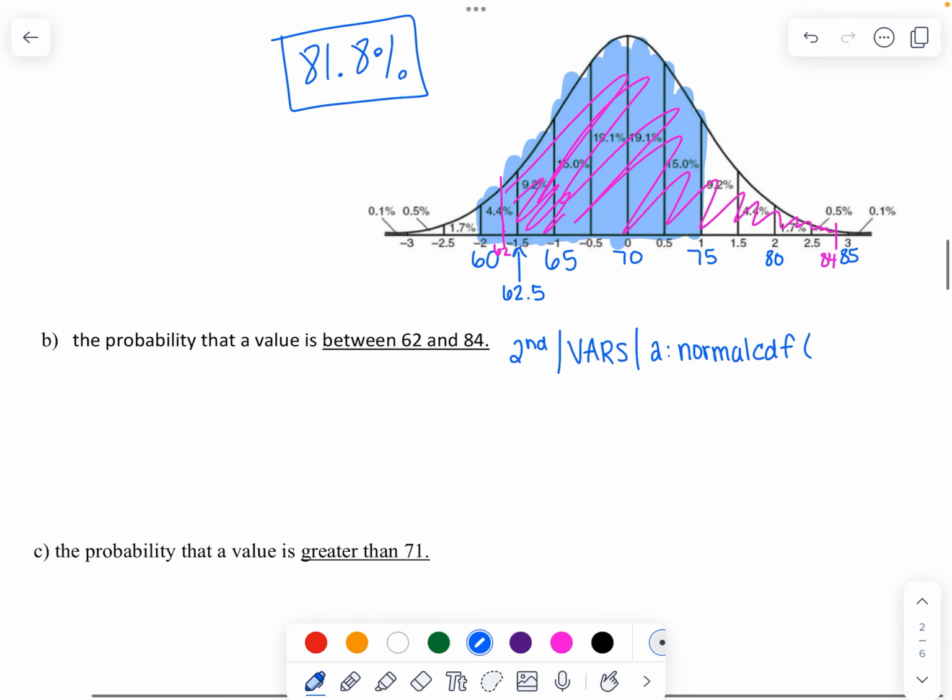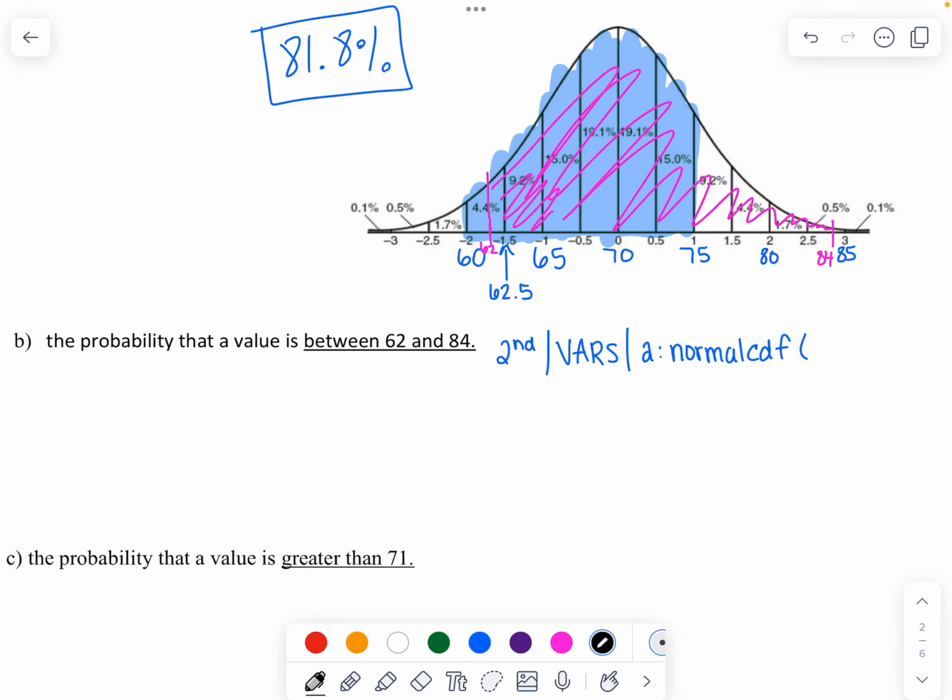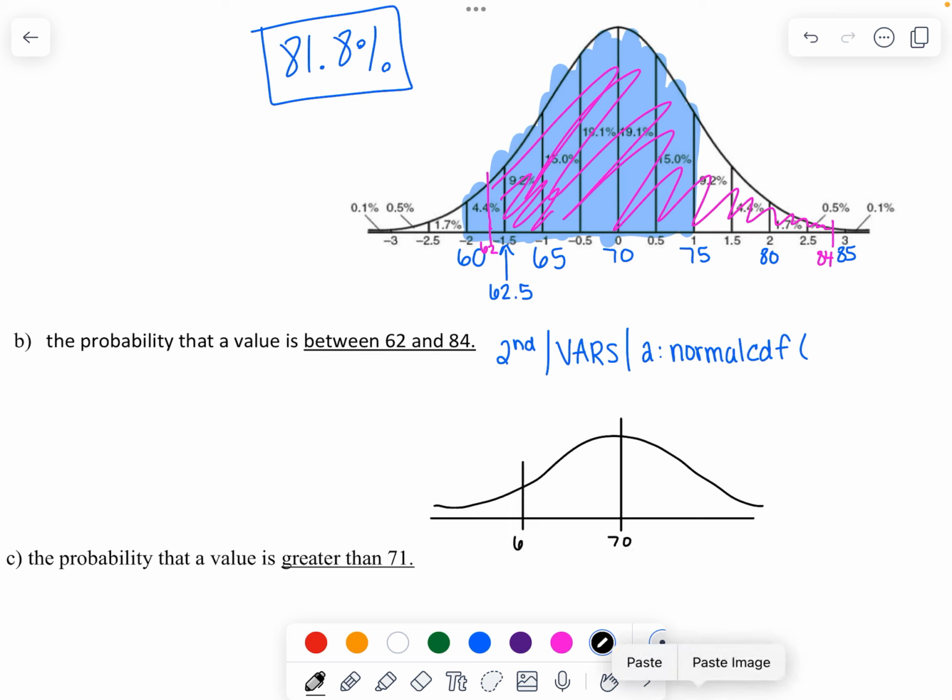So if I go back here, I'm just going to draw myself a simpler version of this curve. So I know 70 is in the middle. That's my average. 62 would be somewhere to the left, and 84 would be somewhere to the right.